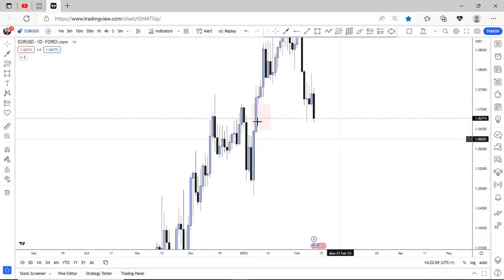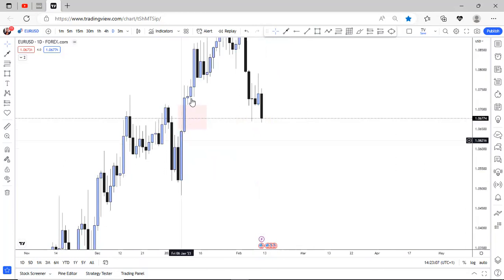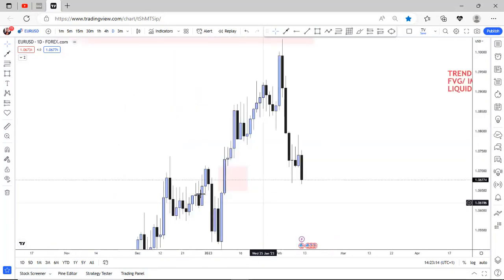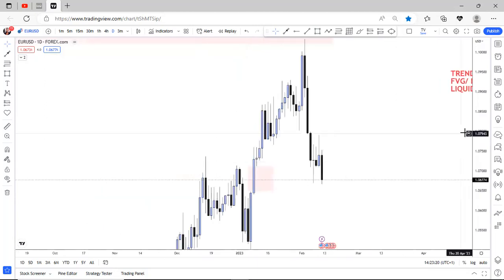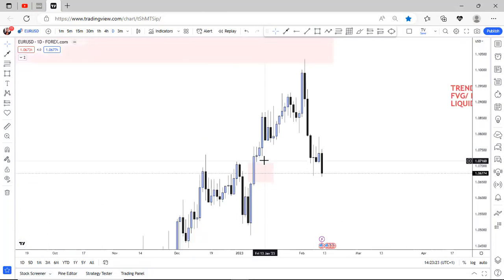FVGs are produced in the market when we have high impulsive movements, when candles move in with high volatility. So it tends to leave gaps behind, which are called fair value gaps or imbalances, which are there as a result of maybe news releases, when we have figures being released by different countries, economic news.